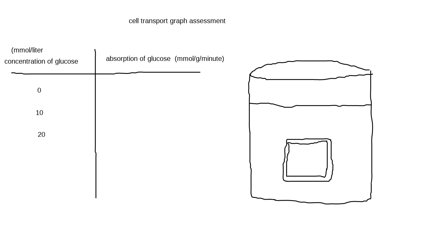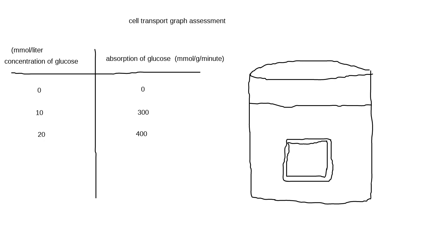I'm just going to give you a few of those data so you can look at this. When there's no glucose around the cell, it's 0. When there's 10 millimoles per liter around the cell, the speed of the glucose going inside is 300. It goes up really fast. And then at 20, it's like 400 or something like that. Let me explain this.